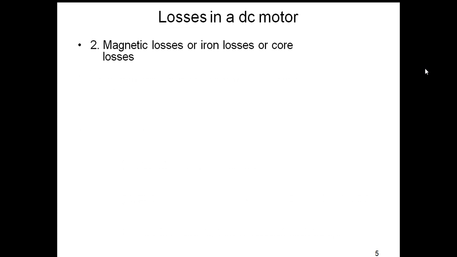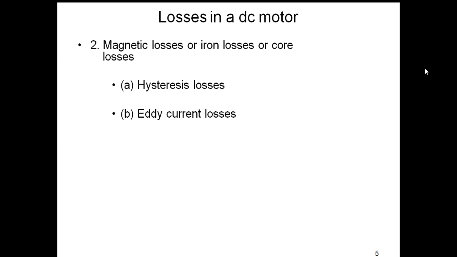And the second type of losses are magnetic losses. These magnetic losses are also called as iron losses or core losses.